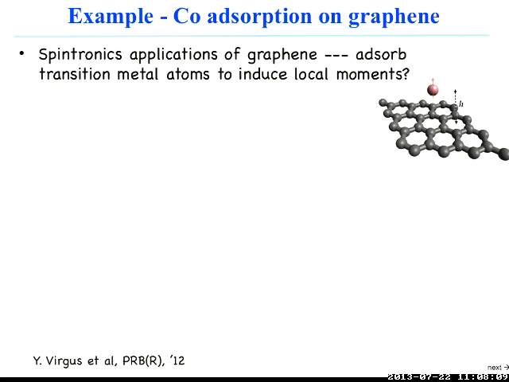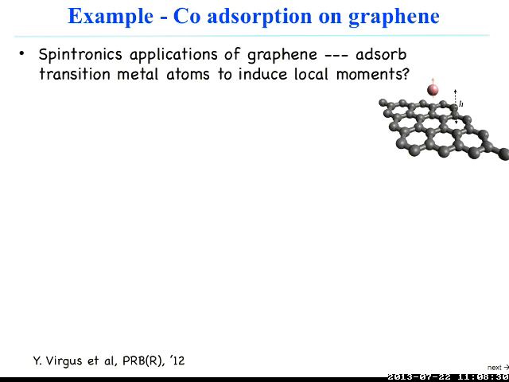This is a little application. That's graphene, which has generated a lot of interest. The idea with graphene is that maybe it could be used for devices because of its tremendous properties. The only problem for spintronics devices is that pristine graphene is non-magnetic. It doesn't have a magnetic moment.